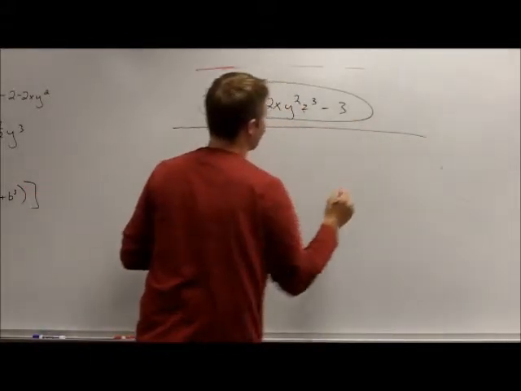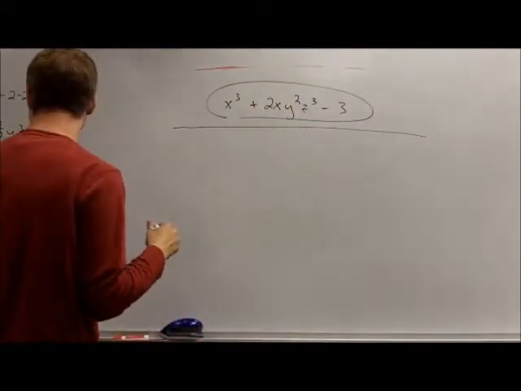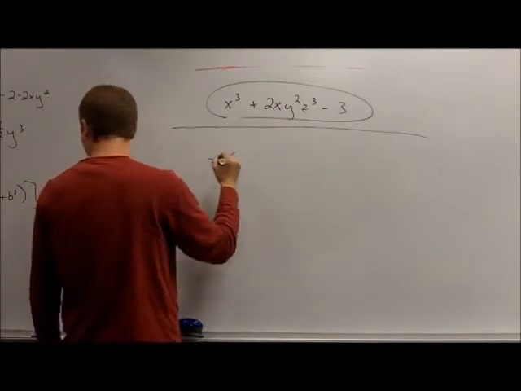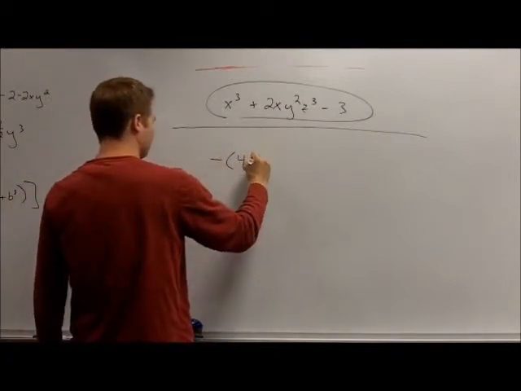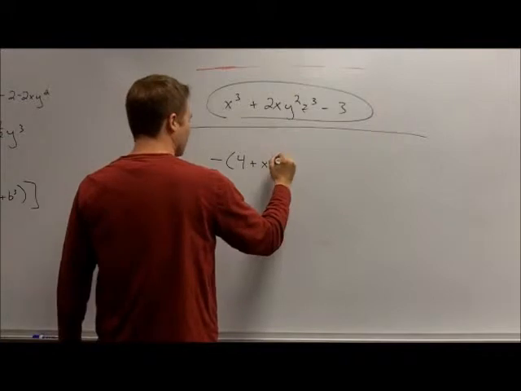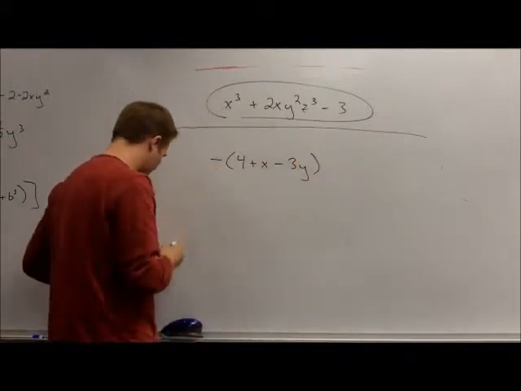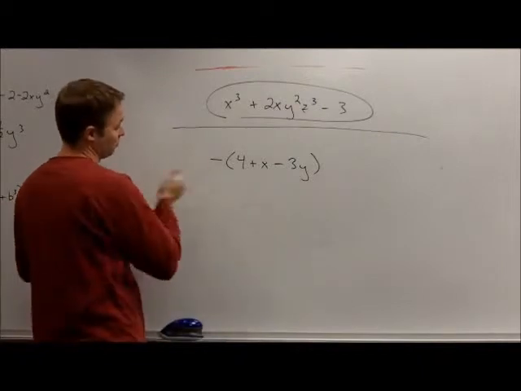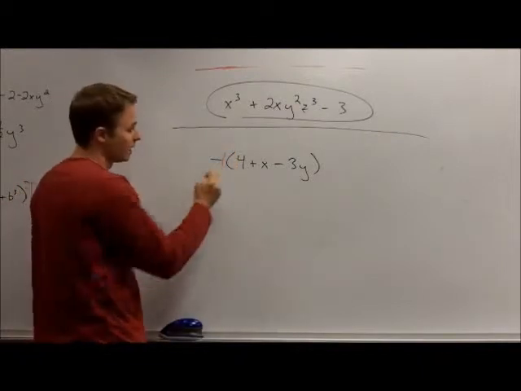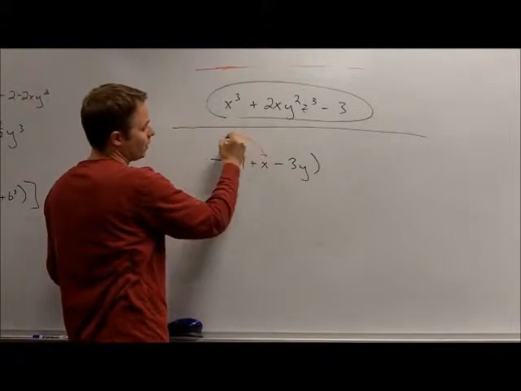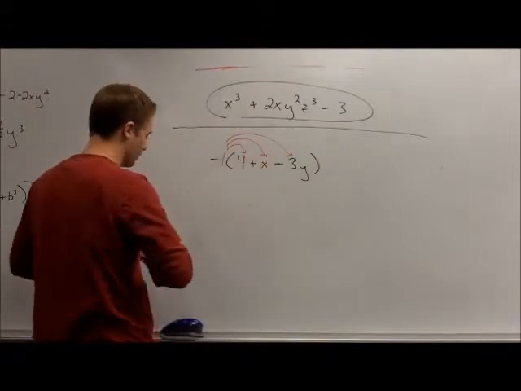Just one more thing I want to mention. I kind of hinted at this before, but as far as distributing a negative sign, we already said that we could think of this as maybe being a -1 on the front, and we can distribute out this -1 to all three of these parts.